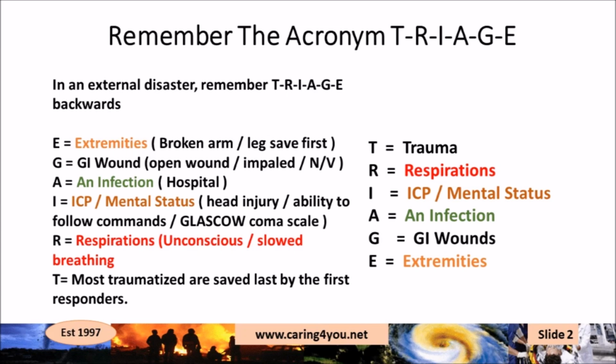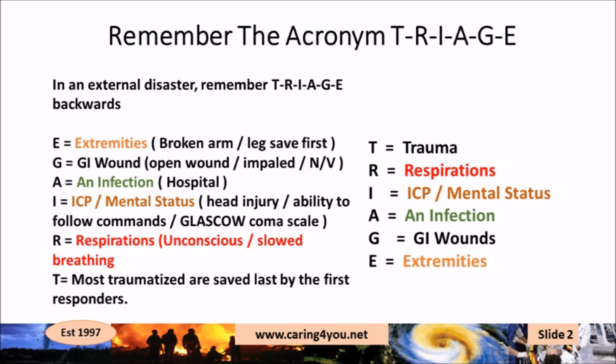I stands for intracranial pressure or mental status. Examples of this could be a head injury or the person's ability to follow commands. If we do the Glasgow Coma scale on scene, these would be examples of I, which stands for intracranial pressure, mental status.